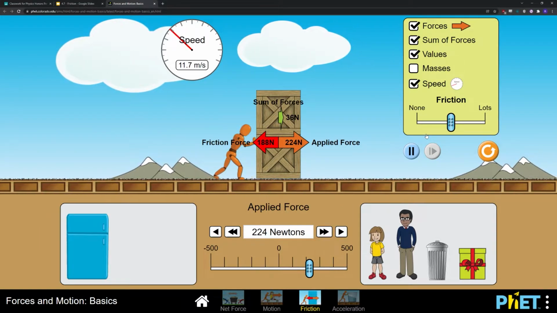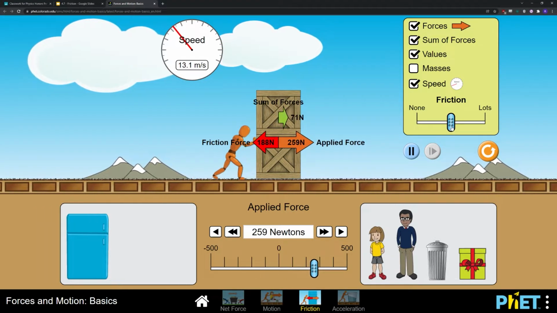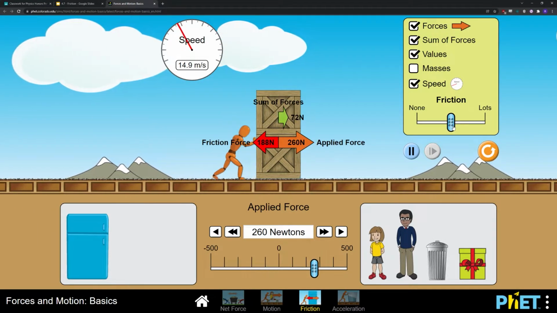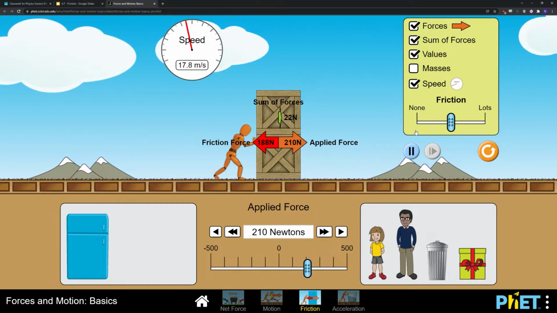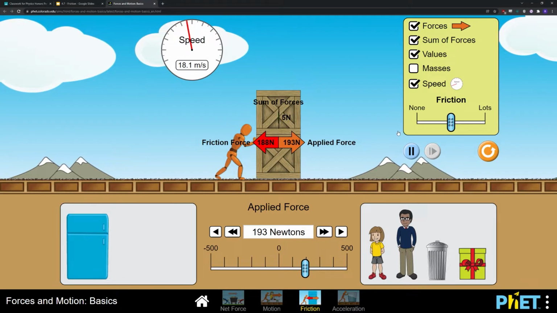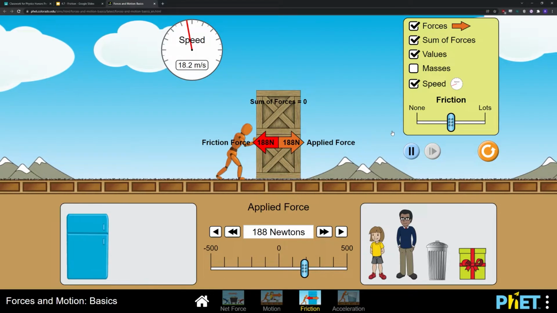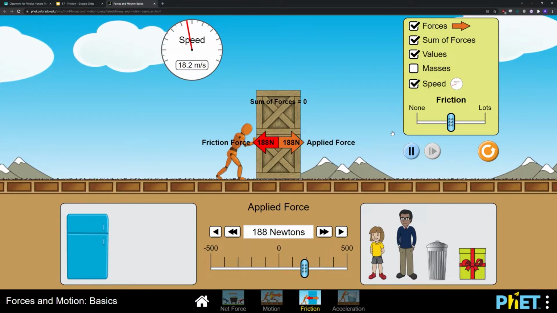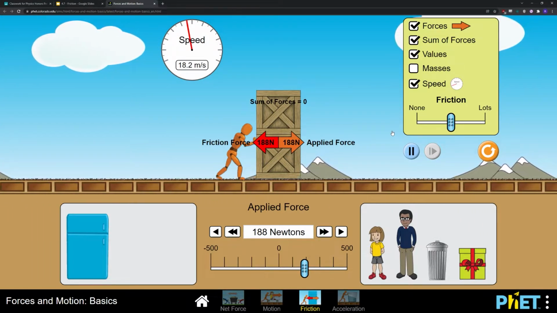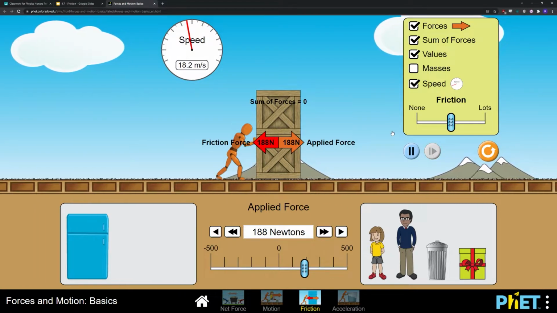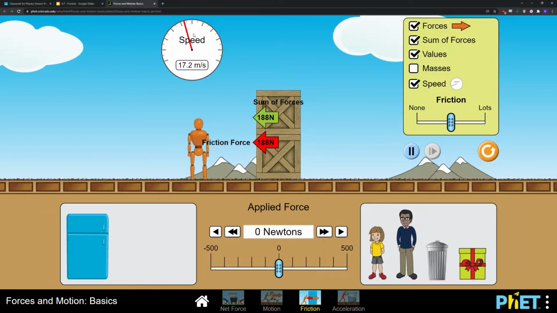You can see that from my speed meter: my speed is constantly increasing. For an object to move at a constant velocity, your applied force must equal your force due to friction.